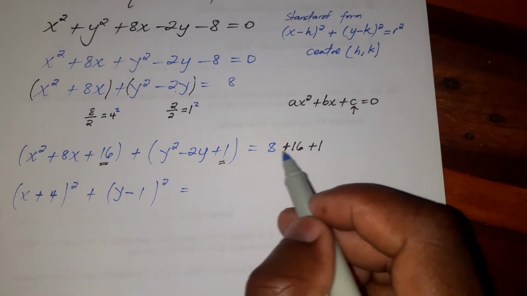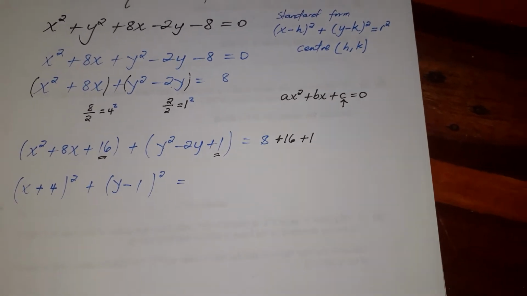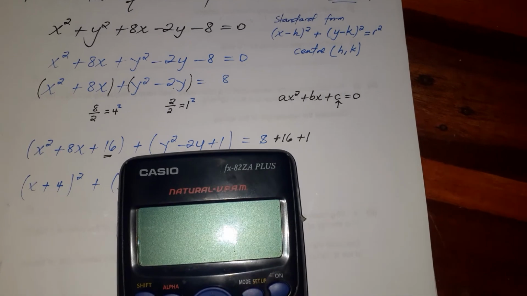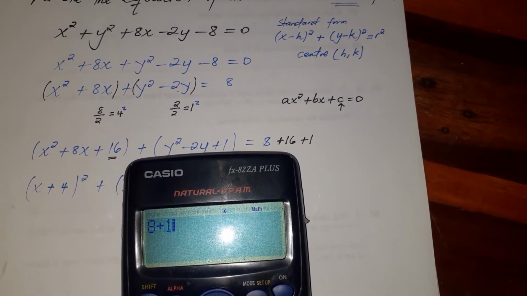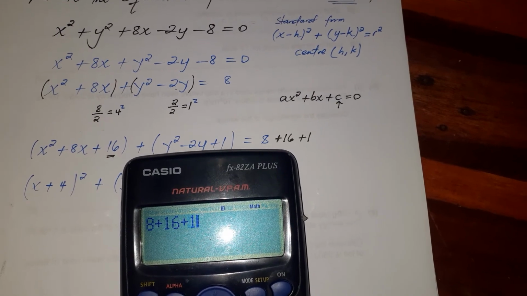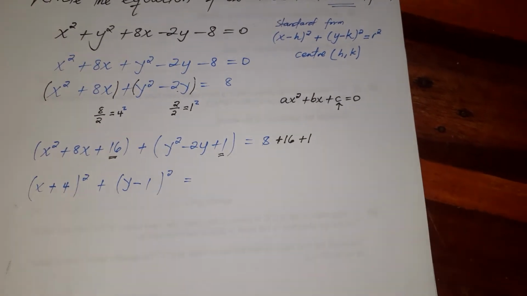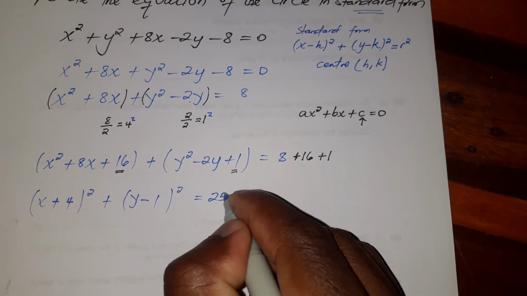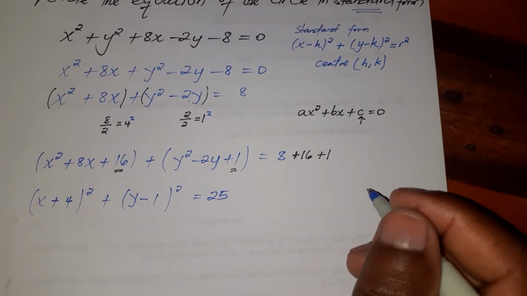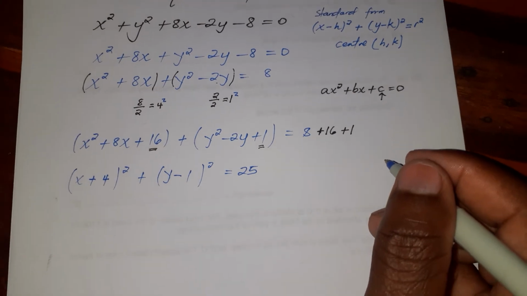And then we have to add this. Now adding that, we have 8 plus 16 plus 1 equals 25. Therefore our r squared is equal to 25.